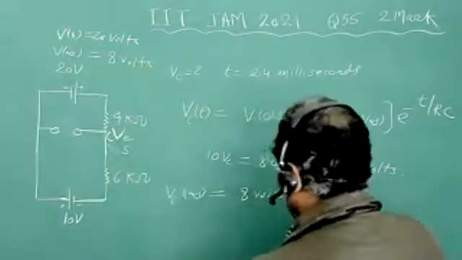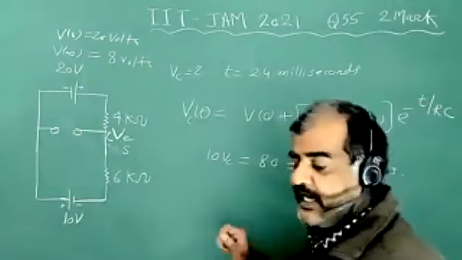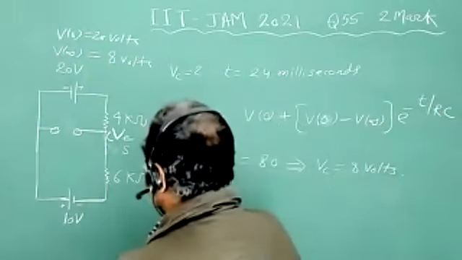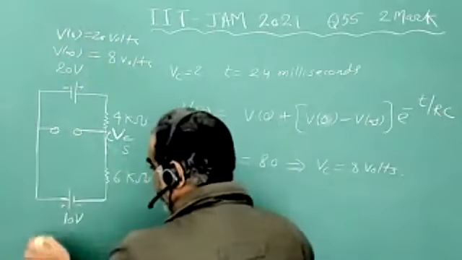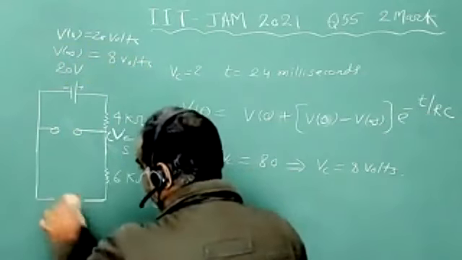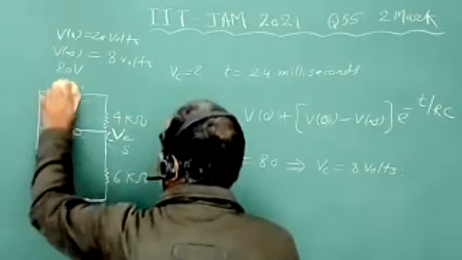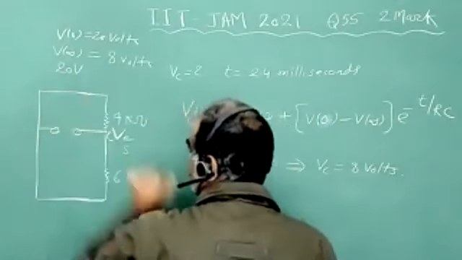Now I need to calculate the time constant RC for this circuit. In order to calculate the resistance across this capacitor, I need to make these batteries a short circuit. I'm applying the Thevenin method, so this becomes a short circuit.